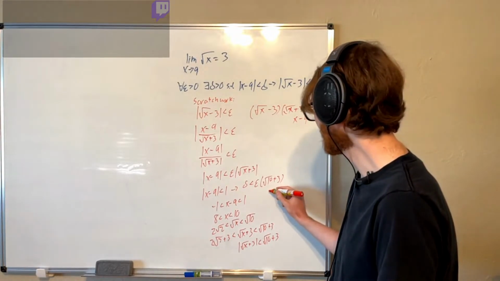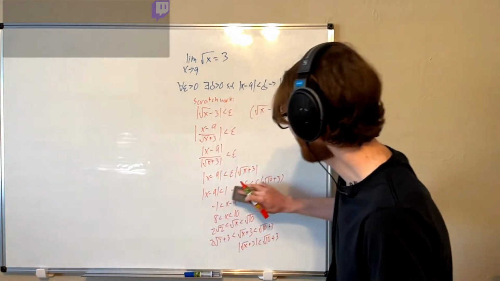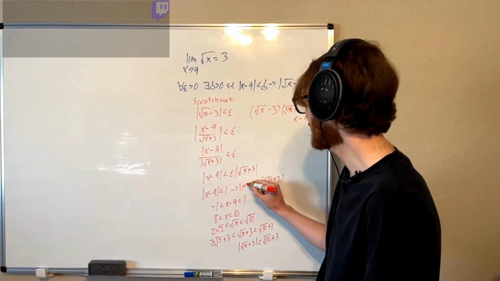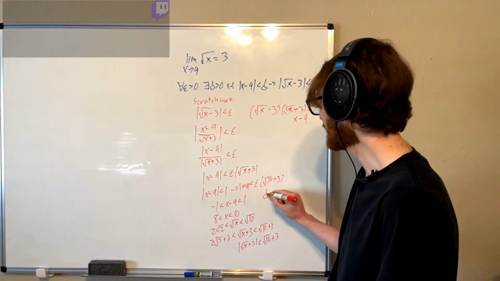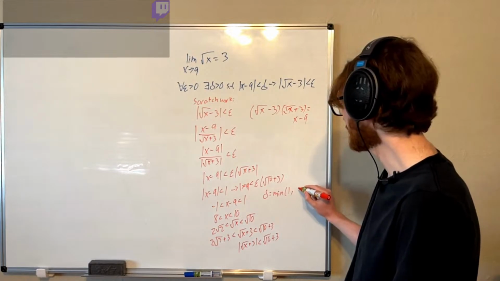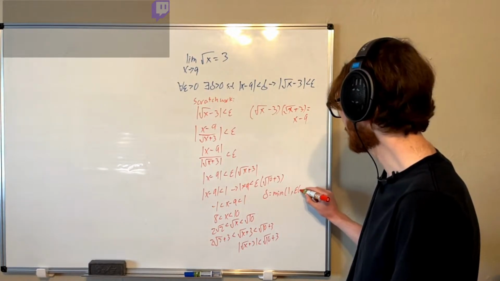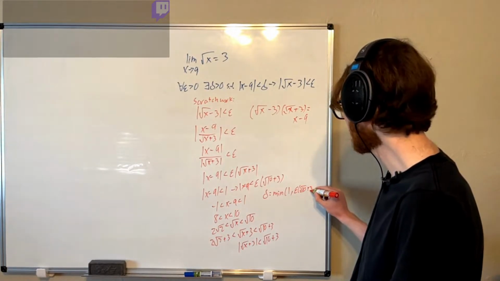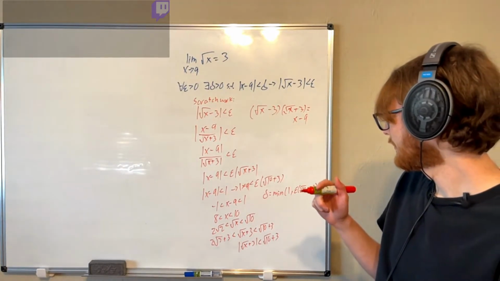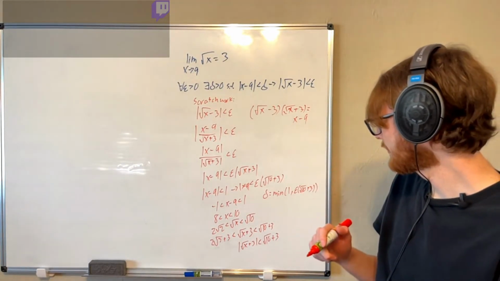So that means we're gonna, let me not write delta there. I don't like having delta there. So that means we're gonna take delta equals min of 1 and epsilon times root 10 plus 3, funny enough. Really? I guess so, yeah.